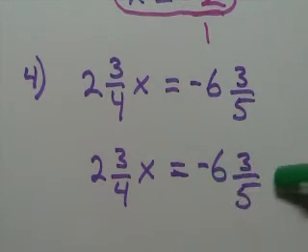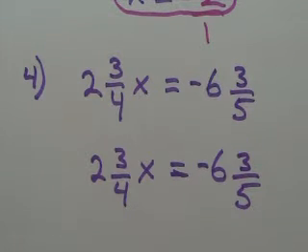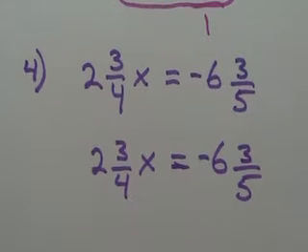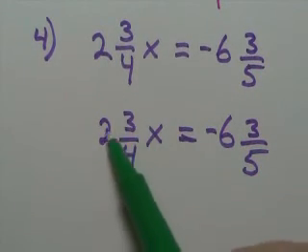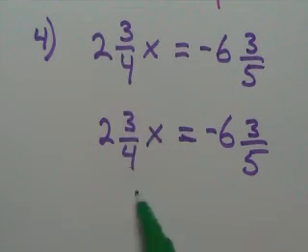Okay, this will be our last example. So basically, I guess I didn't have to write it the second time. What we're going to have to do is change this to an improper fraction.